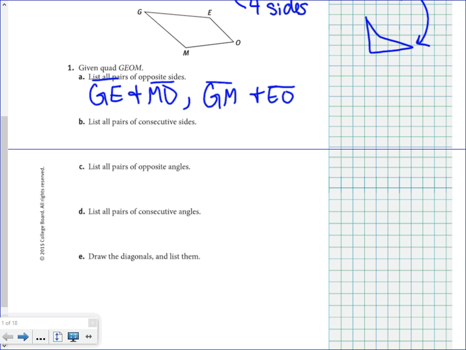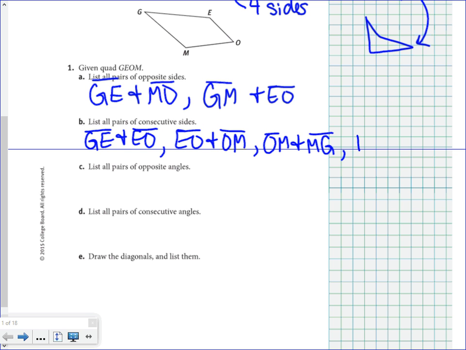Then looking at pairs of consecutive sides. So these are ones that are going to be adjacent to each other. They're going to be right next to each other. GE and EO, EO and OM, OM and MG, and then MG and GE.